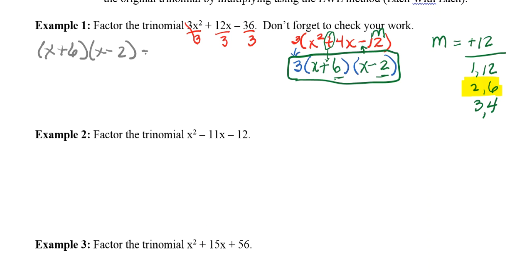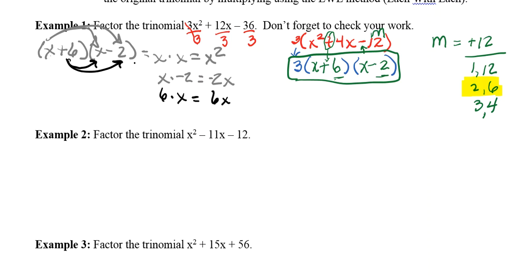So each with each. X times x, that's my x squared. X times negative 2, negative 2x. So I've done each of the x's times each of those. Now I'm going to do 6 times x, which is 6x. 6 times negative 2, negative 12.